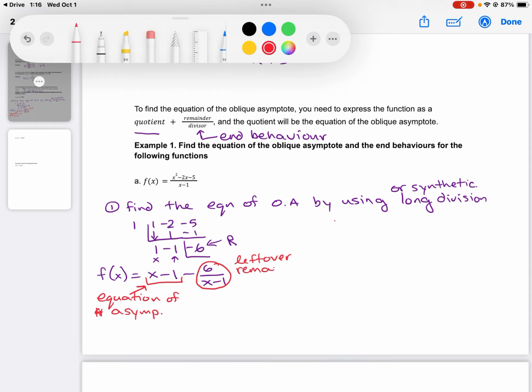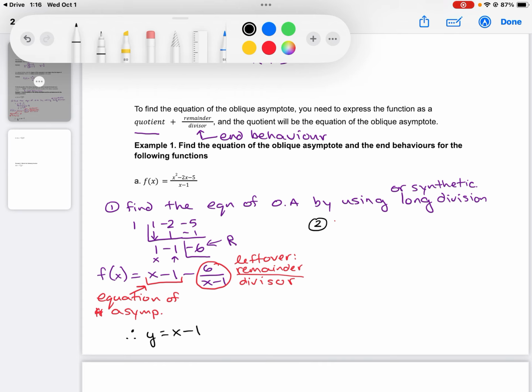So the top is my remainder, and the bottom is my divisor. So that means that the equation of my asymptote, which is what I was being asked to do, is y equals x minus 1. That is what my function is approaching as my x values get really, really large.